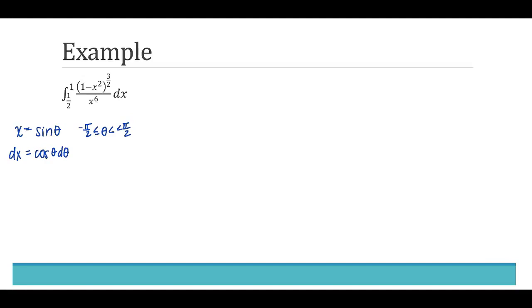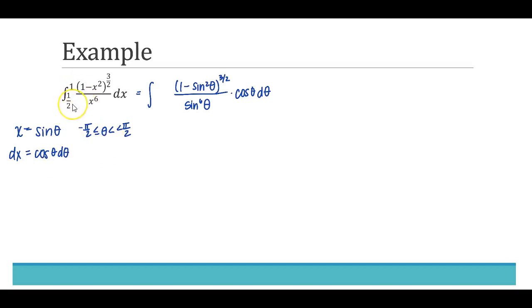And let's go ahead and start replacing a few things. I'm going to hold off on the limits of integration. I'm going to substitute in sine theta for x, and then that's raised to the 3/2. And then over, this would be sine to the 6th theta, and then dx would get replaced with cosine theta d theta.